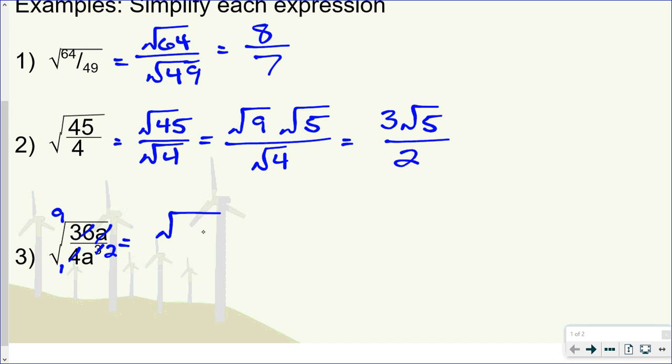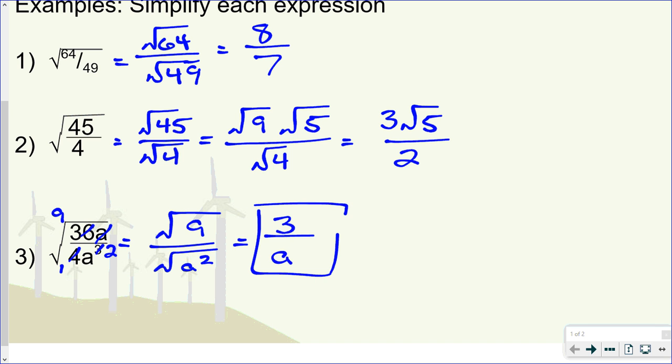So now I have the square root of 9, that's all that's left in the top, because this a canceled out one of the a's in the denominator, over a to the second. Because the 4 got canceled out with the 36, and I took away one of the a's. So now, these are both perfect squares. The square root of 9 is 3, and the square root of a squared is a, and that's your answer.